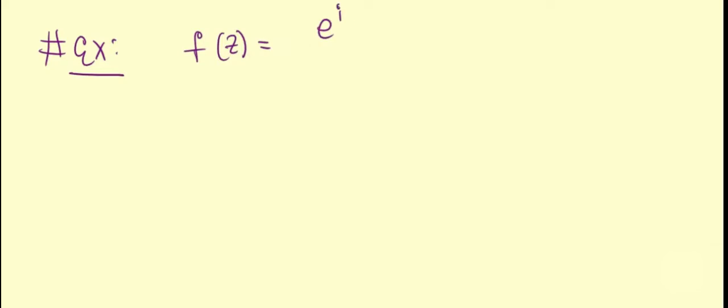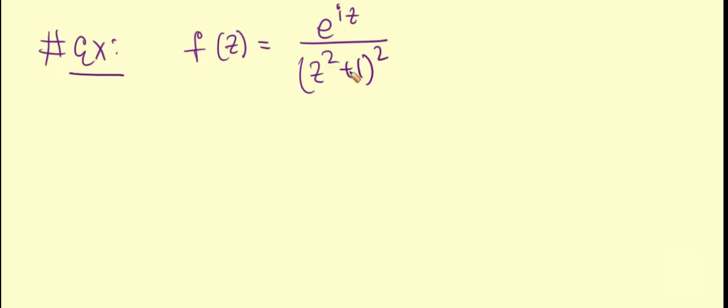So the example we are going to consider is something like this. You have a function f of z, which is written as e to the power iz divided by z square plus 1 whole square. So the technique to find the poles or singularities, you already know, is that we need to check when the denominator goes to 0.